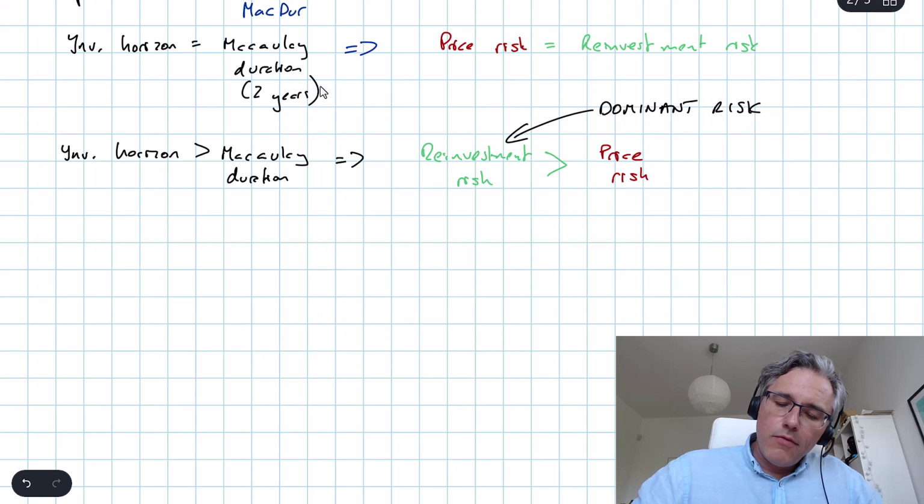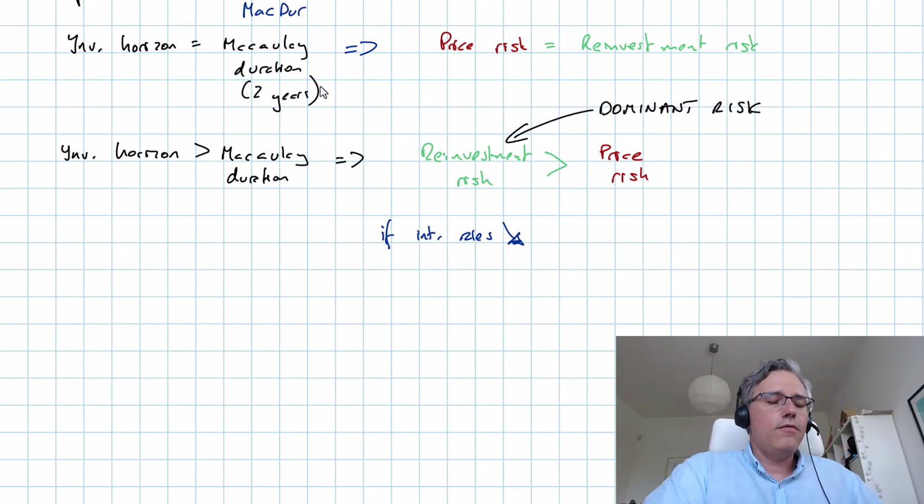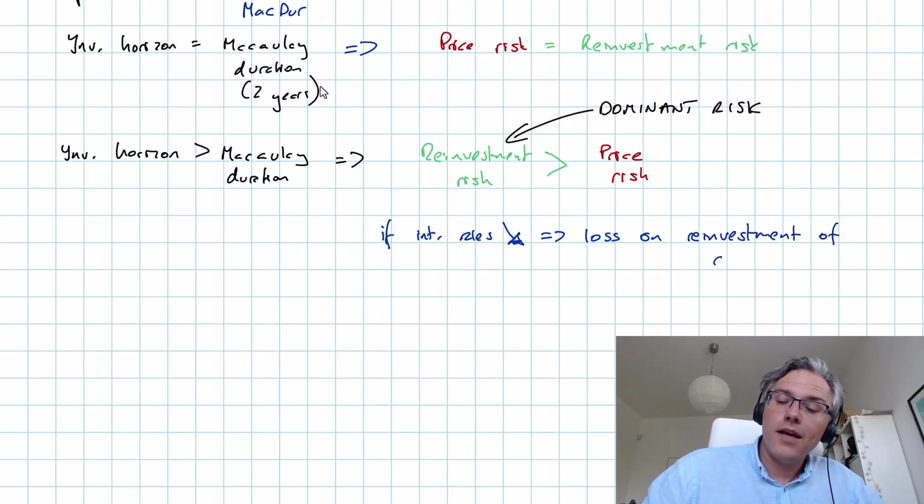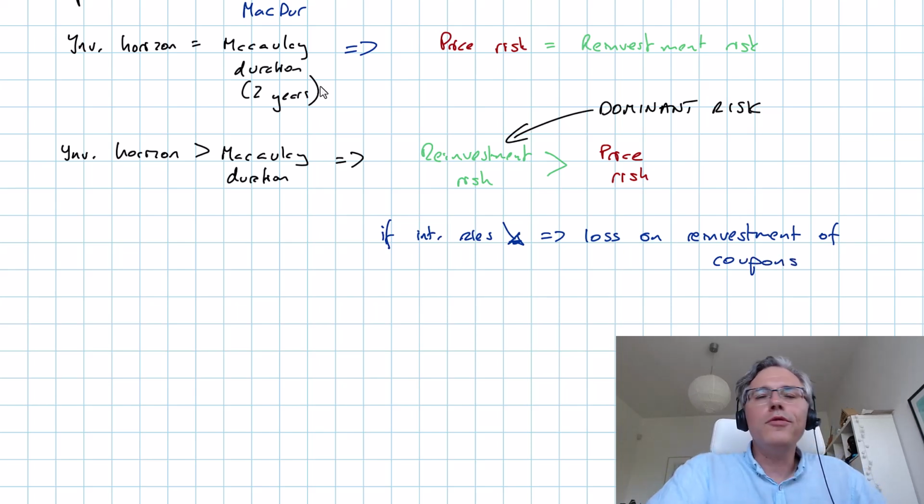When is this a problem? Well, if interest rates go down, if interest rates fall, you will make a relative loss on the reinvestment of coupons. So you will not make as much from the reinvestment of the coupons as you would had there not been that change in yield, downward change in yield.